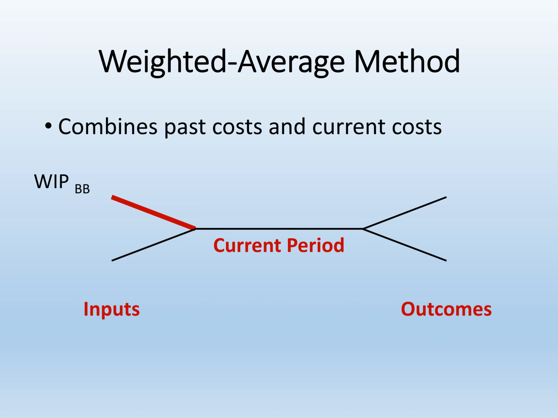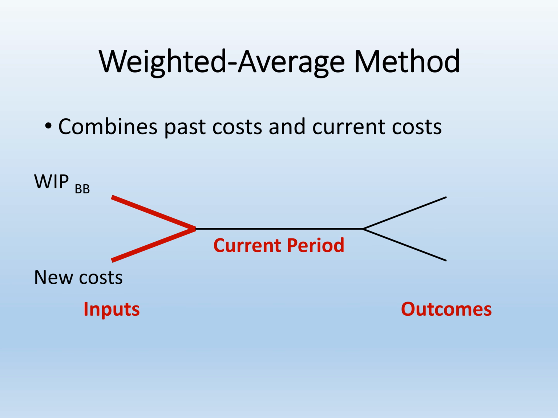On the input side, the department starts the period with a work in process beginning balance, units that it had started to work on in the previous period but hadn't finished by the end of the period. If the department doesn't have a work in process beginning balance, either because it's the company's first period of operations or because it's a firm that always finishes what it starts, then the value of the work in process beginning balance would be 0.